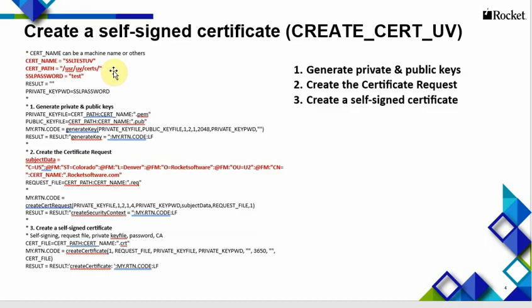Then for the password, I'm just using a simple test password, and you run this program. Also set up the certificate CN name. Change it to your location and company domain, depending on your company environment.